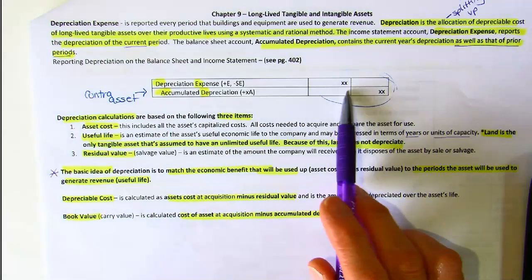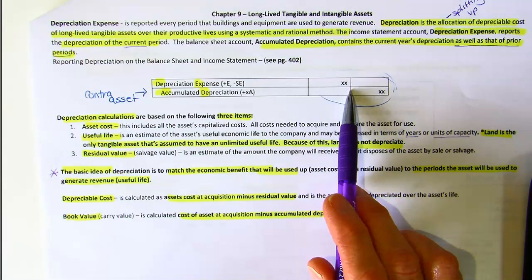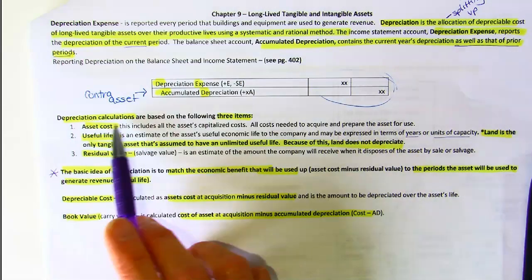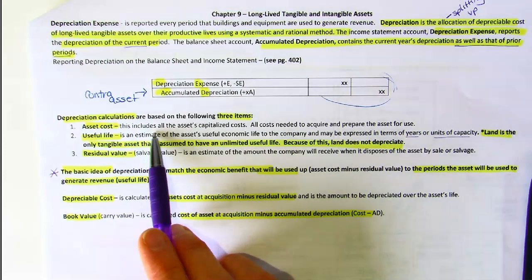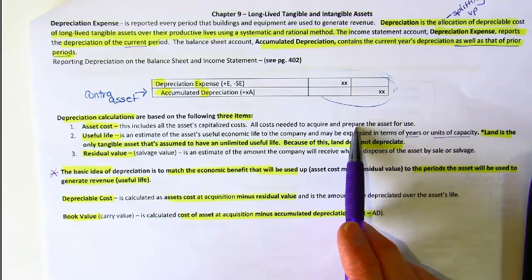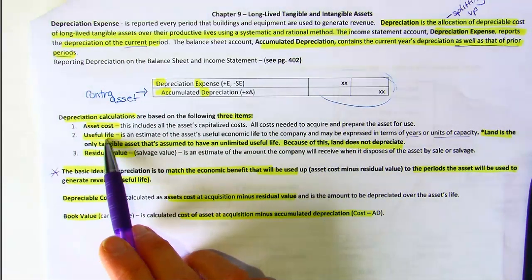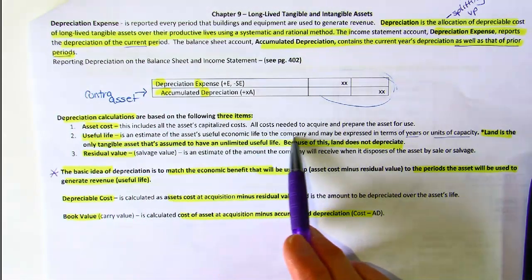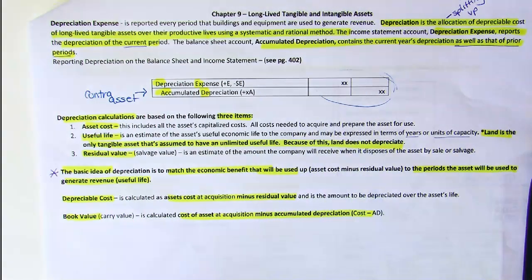Now, in order to calculate that amount, that estimate for depreciation, you need 3 pieces of information. You need the asset's cost. That's all the costs that you capitalized, all those costs necessary to acquire and prepare it for use. You also need an estimate of the useful life, and that's the economic life the company plans to use it for. In other words, how long do you expect to use it?